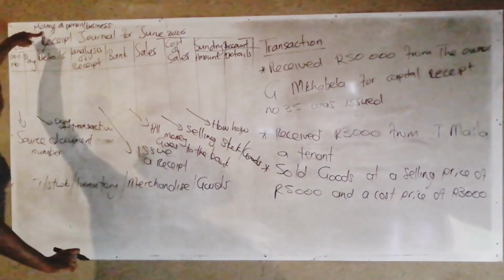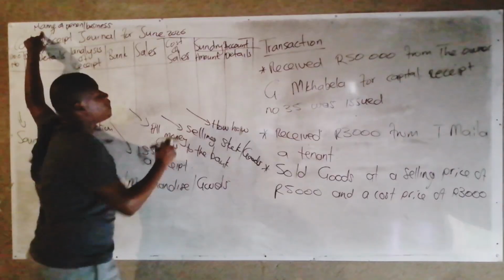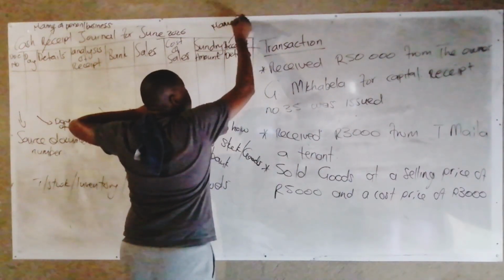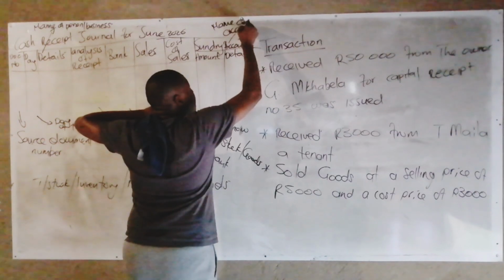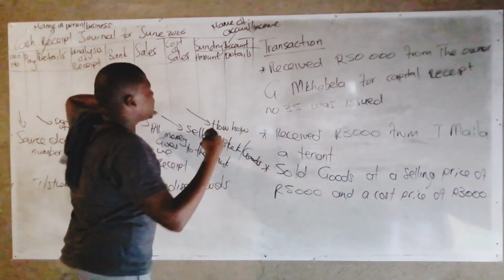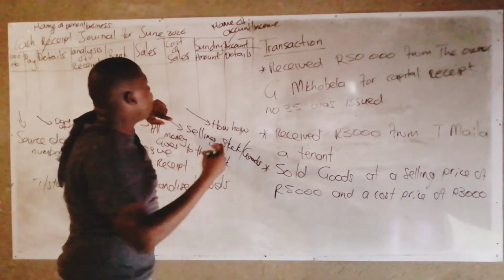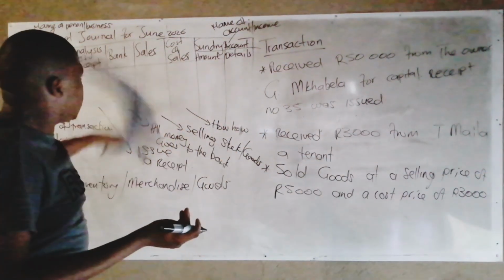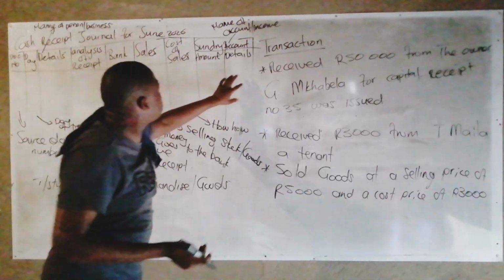So this details is for the name of the business or the name of the person who we received money from, and this details is for the name of the account, or the name of the income that we received. We received money for rent income, for interest income, or we received money from a debtor. If it's a debtor, then it will be debtors control.